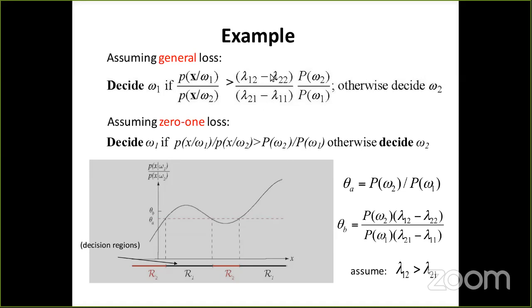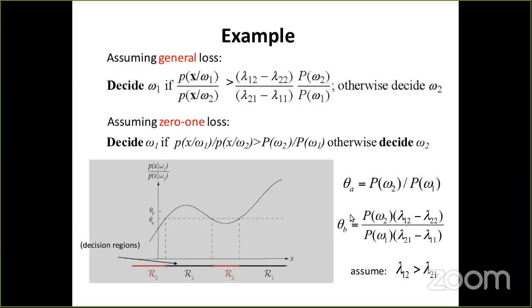This term we are calling the threshold theta, and then we are considering two cases. In the first case, the lambdas are symmetric: lambda 1 1 and lambda 2 2 are 0, and lambda 1 2 and lambda 2 1 are exactly equal. Then this expression cancels out, and we are left with p of omega 2 divided by p of omega 1, which is theta A.